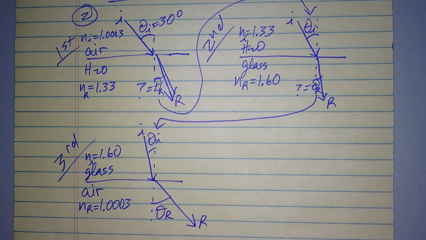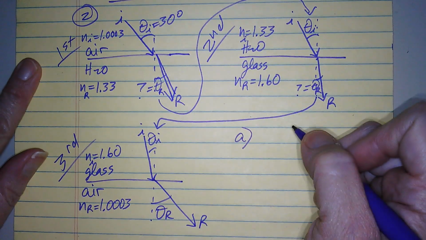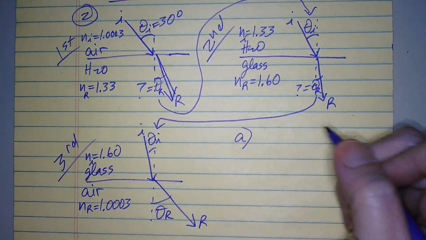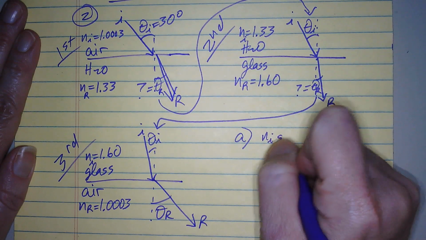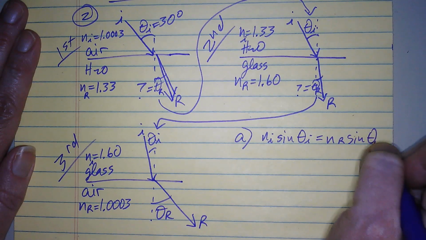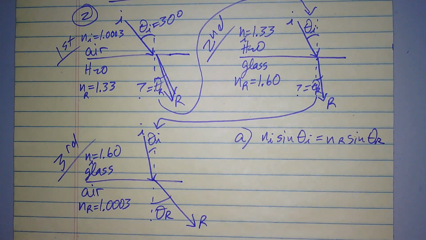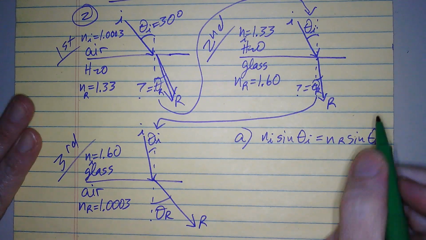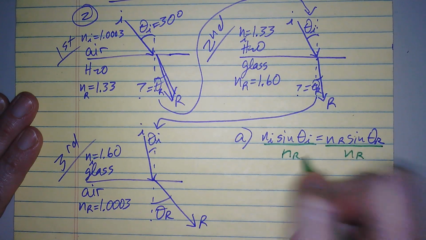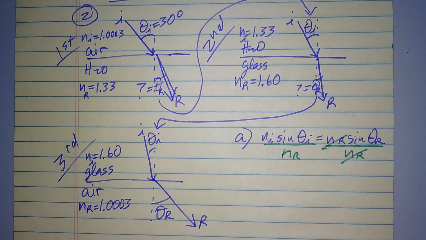Okay, so then the question says, what is the angle of light in the water? So they mean this one right here. For part A, you're using the first thing and saying, according to Snell's law, Ni sine theta I equals Nr sine theta R. First, I need to divide both sides by Nr, so I can cancel it on that side.